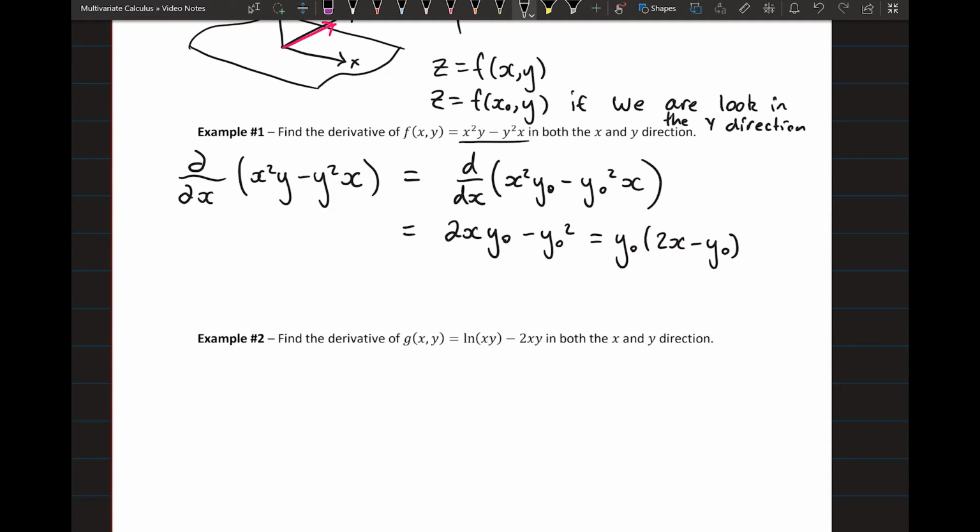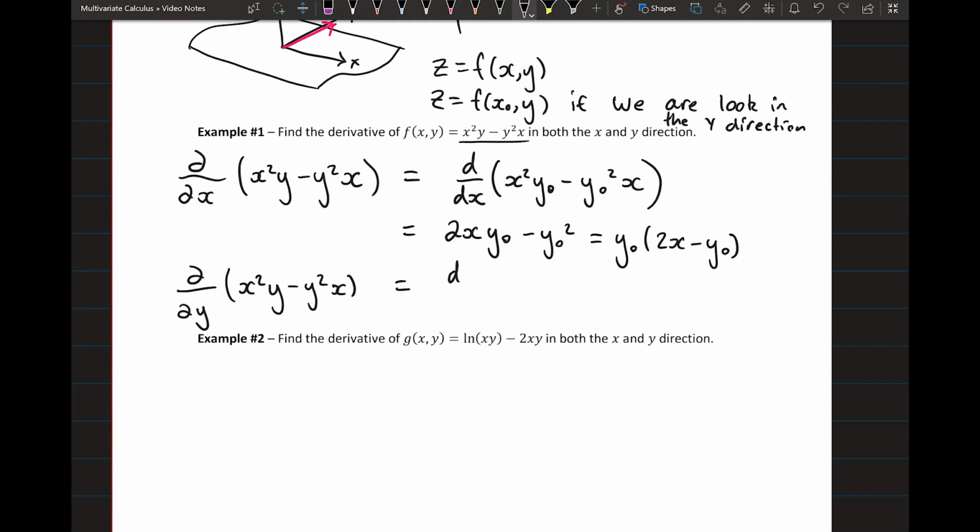That can help with finding critical points for anything, even if you're looking at one-dimensional, two-dimensional, or even three-dimensional functions. And now let's find the rate of change in the y direction. So the same function, only this time we are holding x constant.